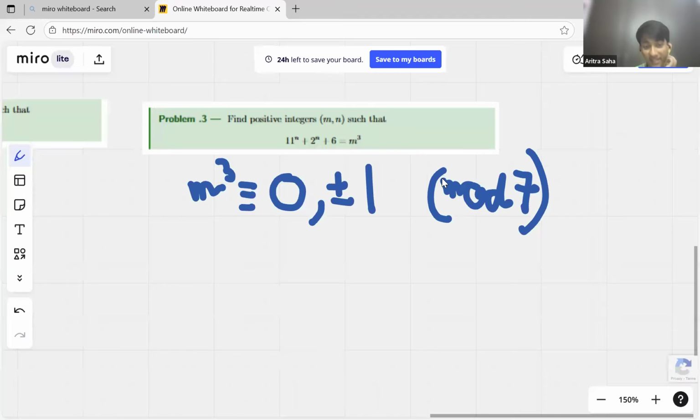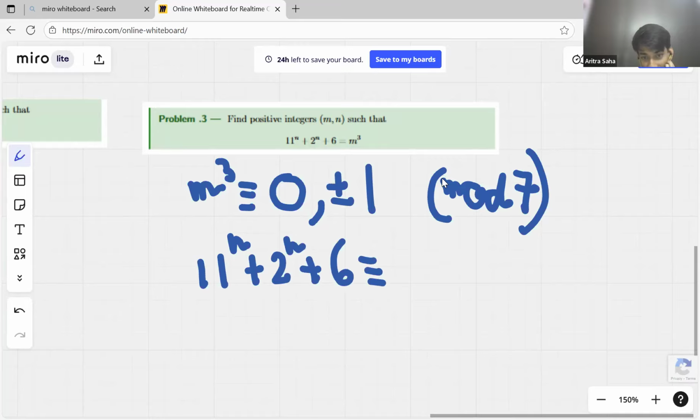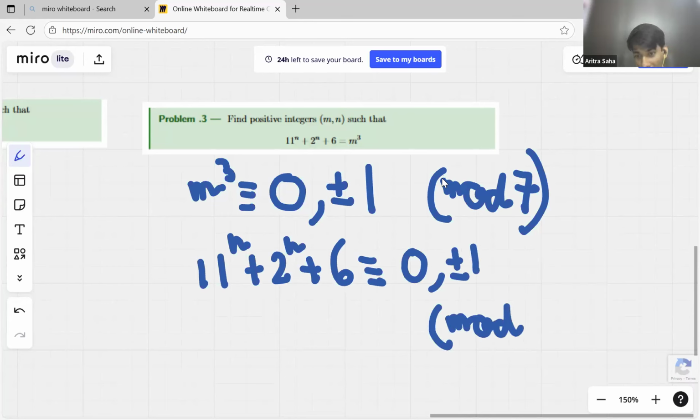And what will you get on the other side? 11 to the power n plus 2 to the power n plus 6 mod 7, when will it be 0 or plus minus 1 mod 7? You want to check this. We can check each case. You know that this function will be periodic after 6 modulo 7, because phi of 7 is 6.